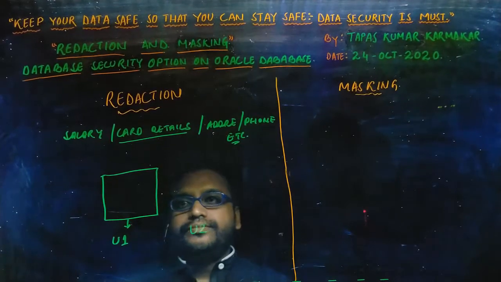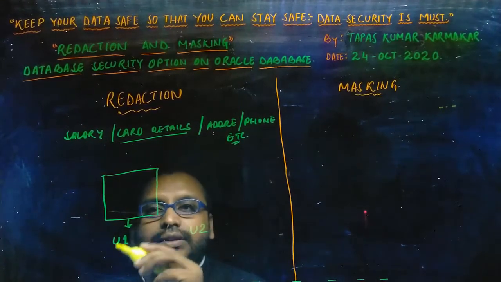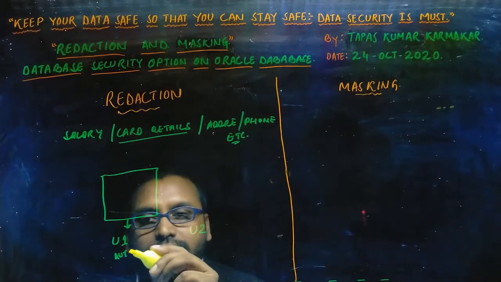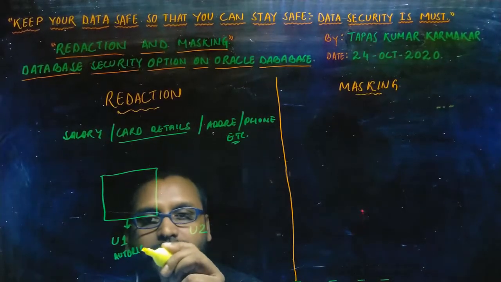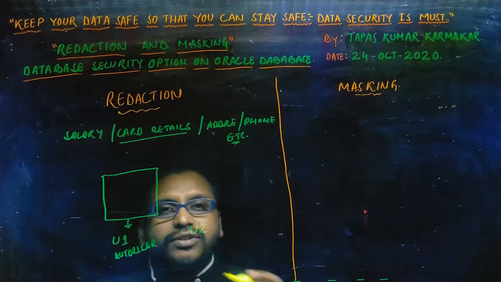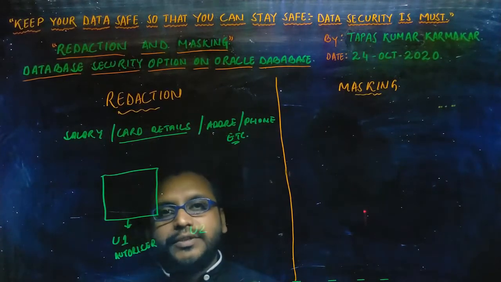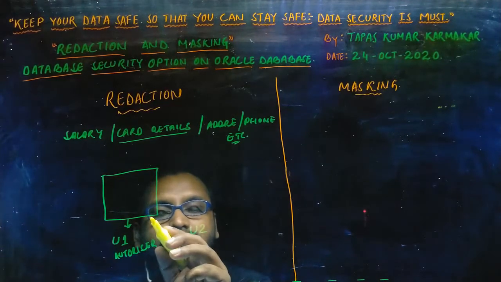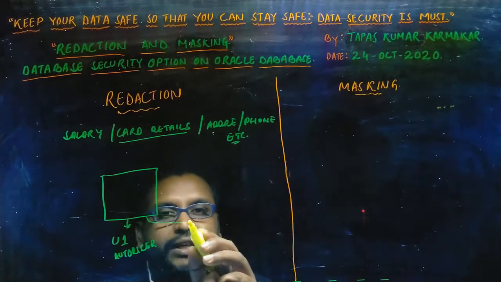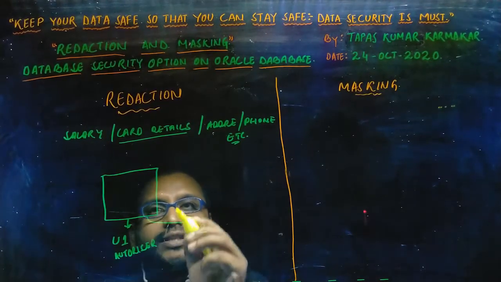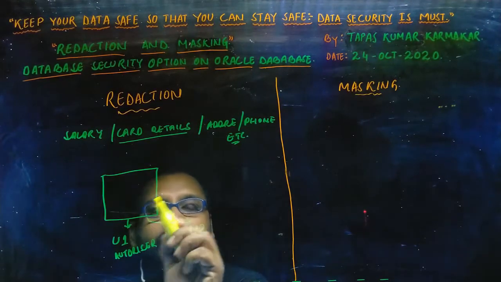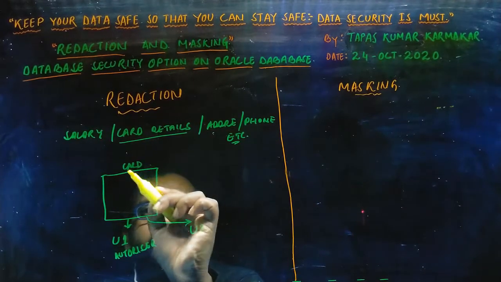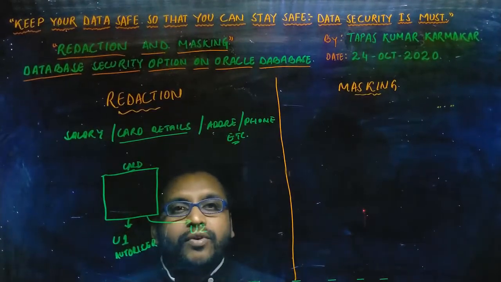Now, U1 has the access and is an authorized user, so he should see the exact data present in the database. But U2, as he is also a user of this database but not an authorized user, should not see the exact card details present in the table. So how can we protect this?